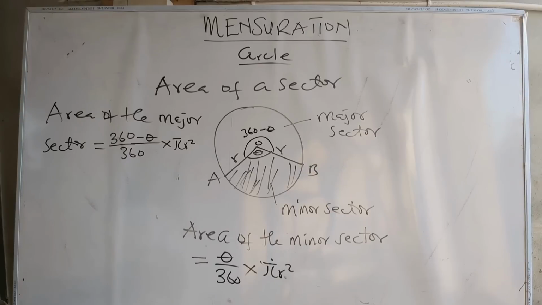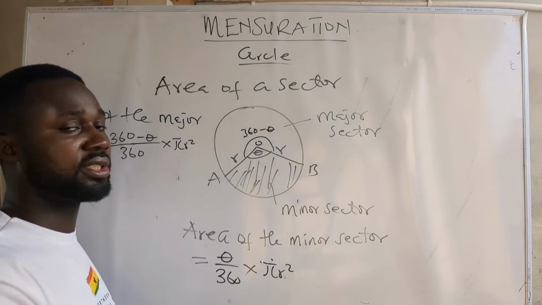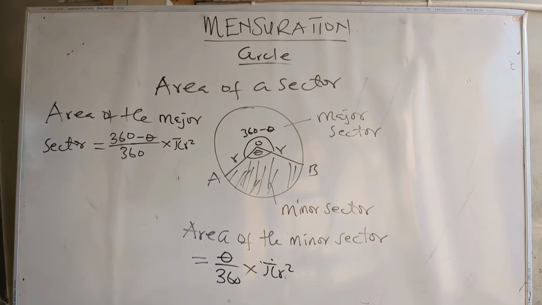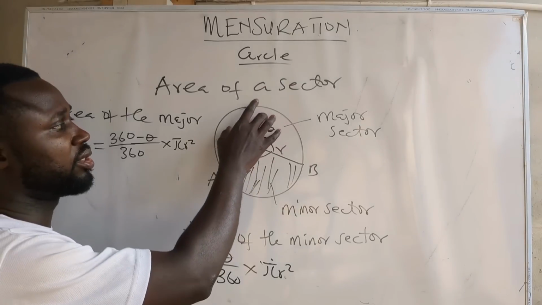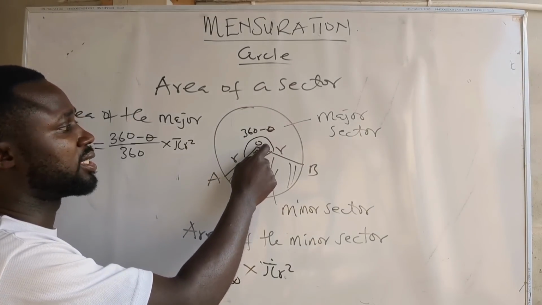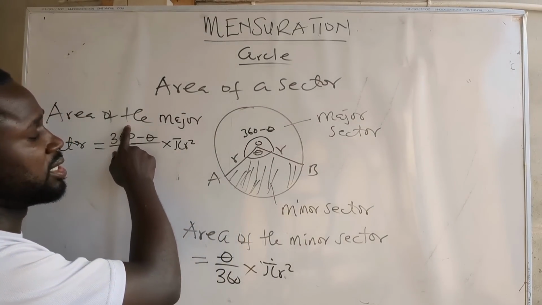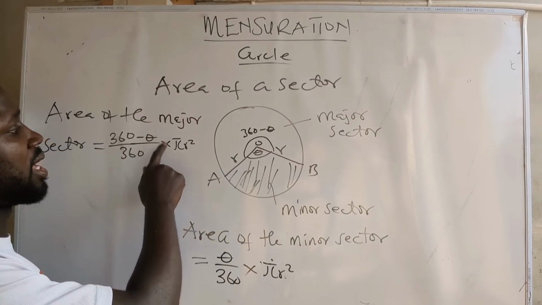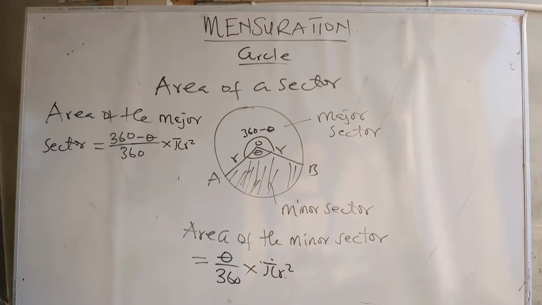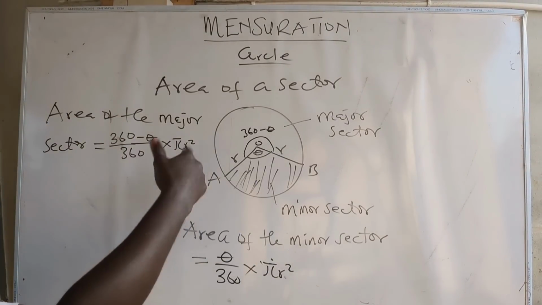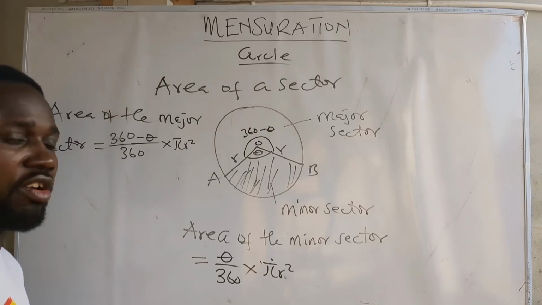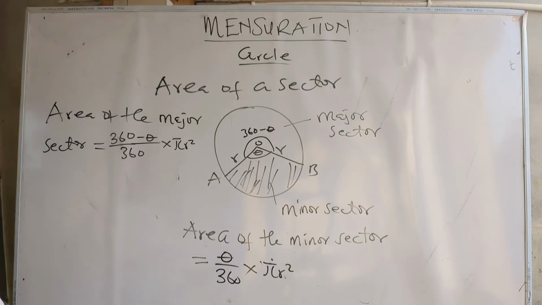If the angle here is theta, then you do 360 minus theta. We look at the angle the major sector subtends at the center, which is 360 minus theta, divided by 360 times pi r squared. We are using pi r squared because a sector is a portion of the area of the circle. I believe you got it.